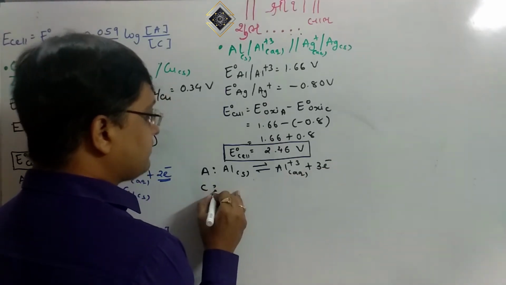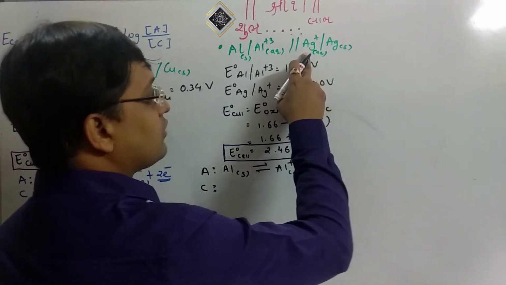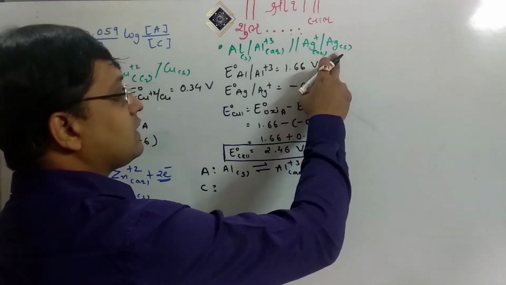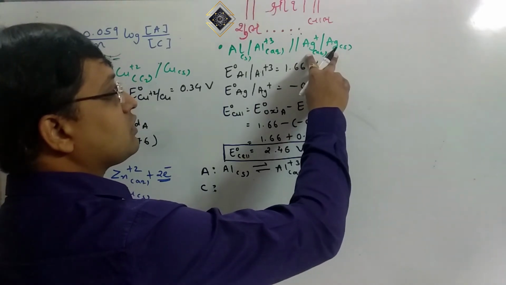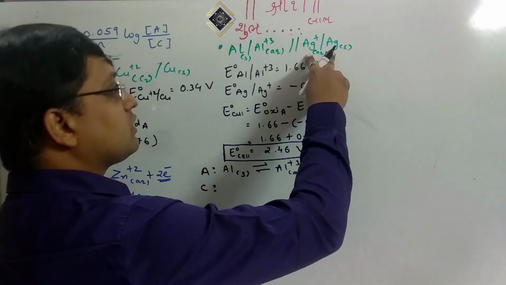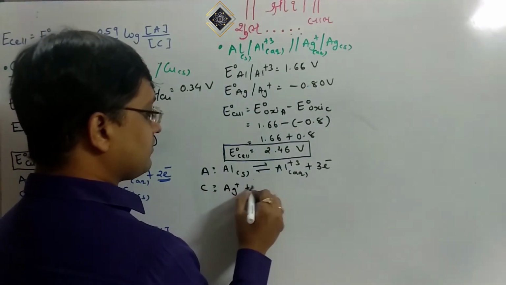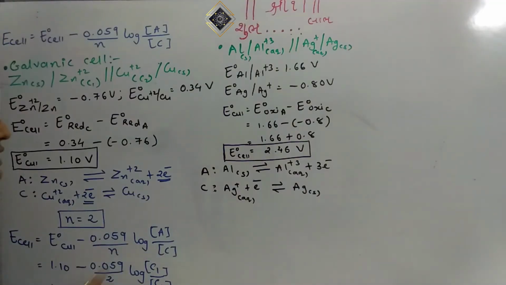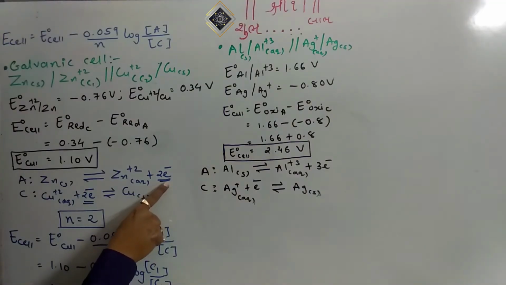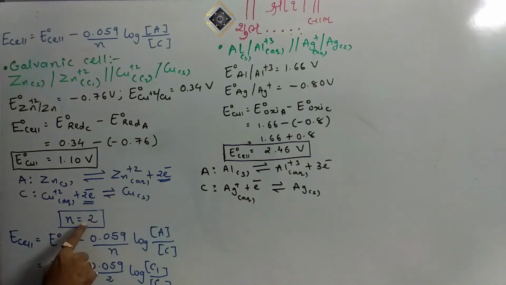At the cathode side, the oxidation number of Ag plus is plus 1 and Ag is 0, plus 1 to 0. That means the change in oxidation number is 1, that is decreased, so 1 electron is required to gain. As we discussed in the last problem, N means the number of valence electrons. There it was 2, therefore N was 2.